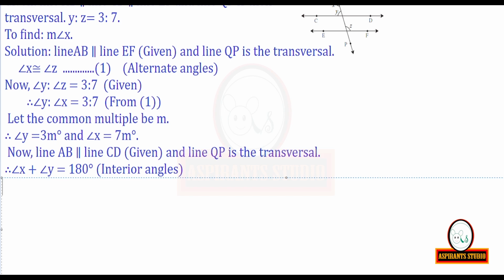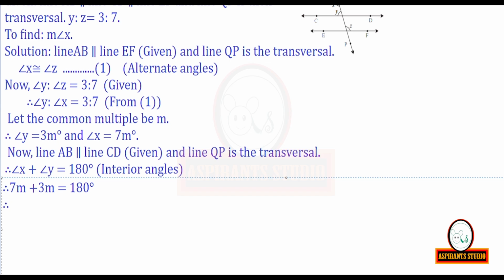Now, we have to calculate and find out the value of m. 7m plus 3m is equal to 180. So, 10m will be equal to 180. 10m means 10 multiplied by m.